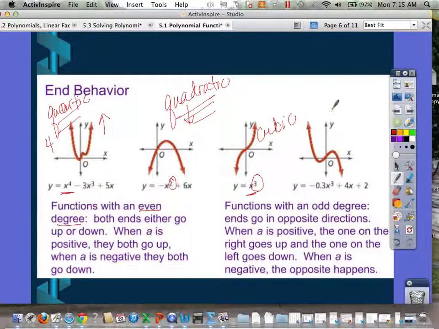And this one is also cubic, one parabola and a turn, and it's going from left to right, going down in a negative fashion. Okay, so if the degree is odd, it's going to be opposite directions on the end behavior, and whether the coefficient is positive or negative determines which way it's going.